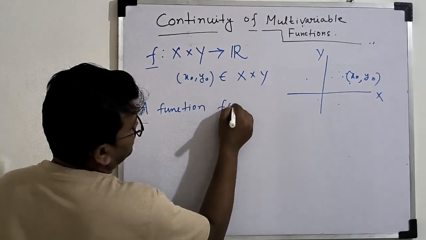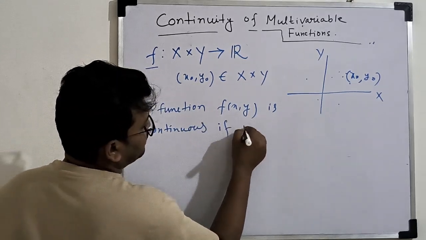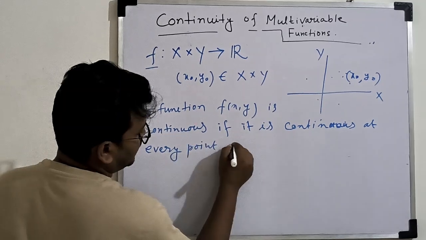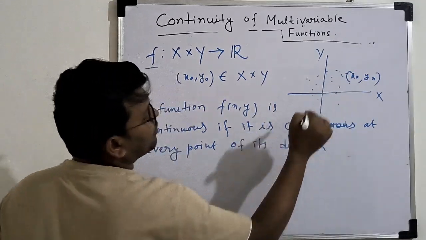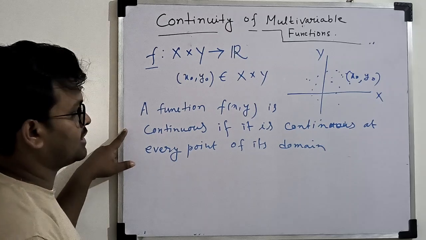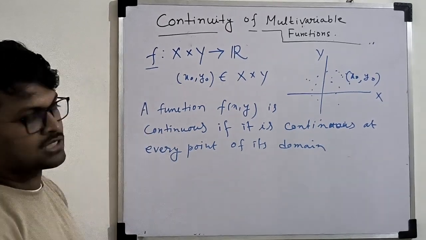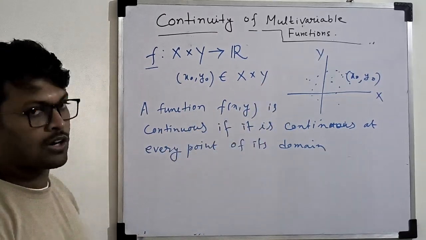So function f of xy is continuous if it is continuous at every point of its domain. So if at every point of the domain the function is continuous, then we say that this function is continuous in this domain.